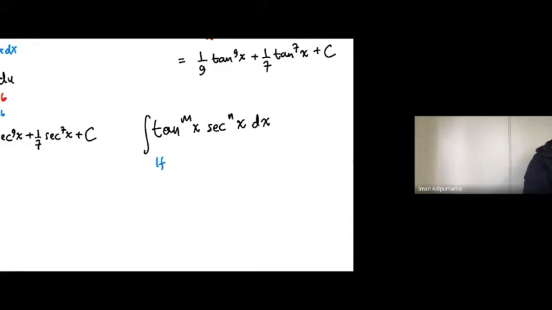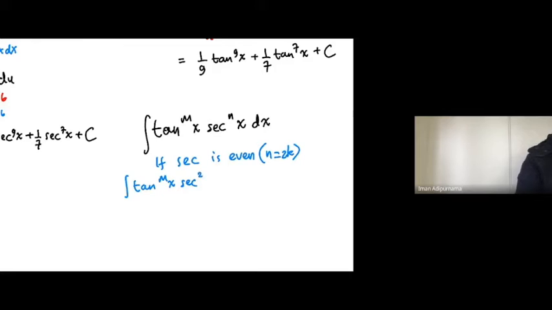So if secant is even, meaning the n is 2k. So tangent^m x secant^2k x, or let me write directly.